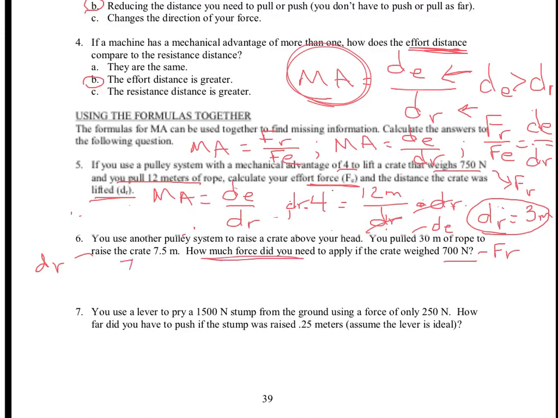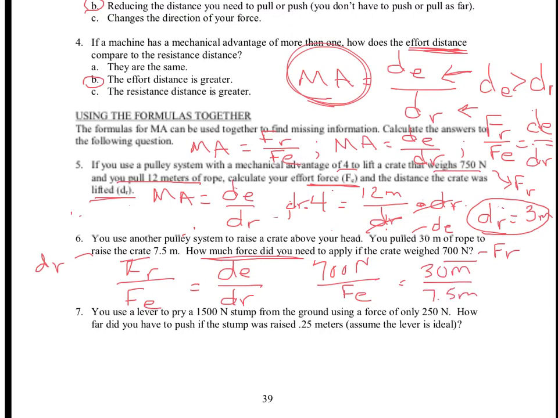Okay, so I would put into this equation right here, resistance force over effort force equals effort distance over resistance distance. 700 newtons divided by FE equals 30 meters divided by 7.5 meters. The easy way to figure this out is to cross multiply and divide.